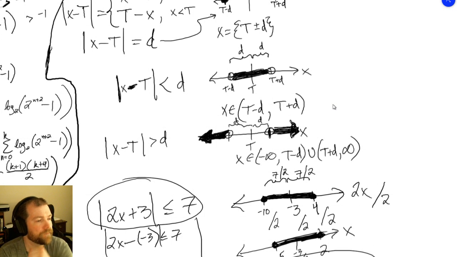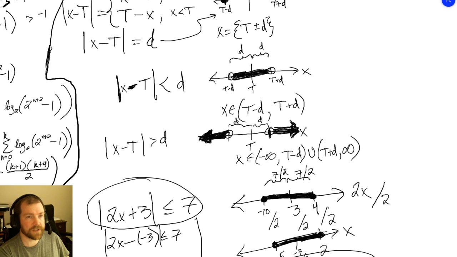All right. So, going back a little bit, just because you weren't here for the very beginning of it, the absolute value of x minus t. So you're subtracting two numbers. It really needs to be broken down into a piecewise function, which is either x minus t, which you just do as subtraction, provided that x is the bigger number.